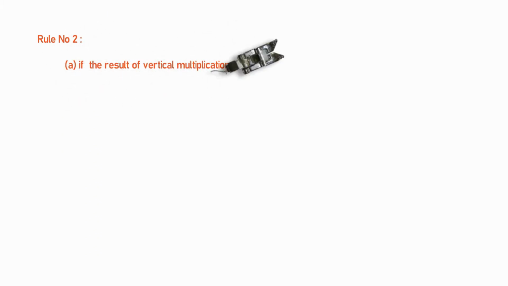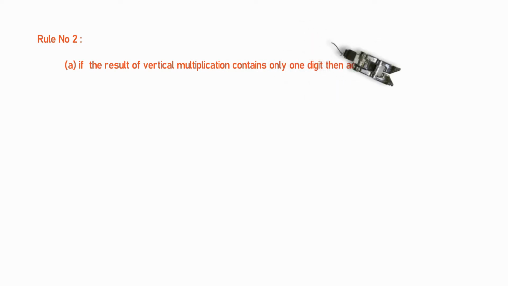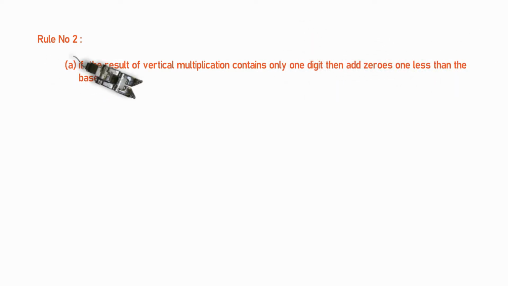If the result of the vertical multiplication contains only one digit, then add zeros, one less than the base, to the left of it. Let's pick those examples from the first video of this series that couldn't be solved using rule number 1.